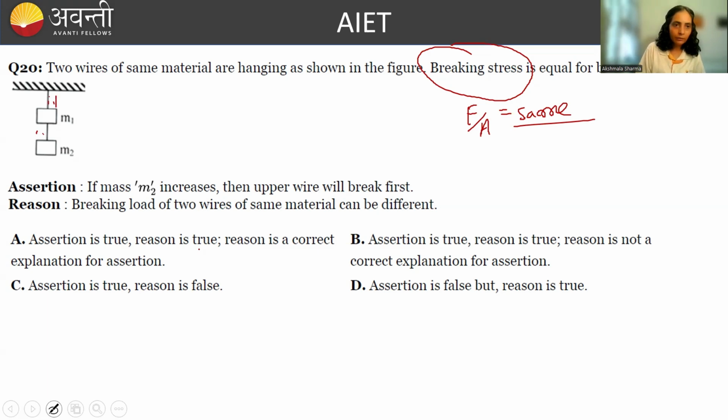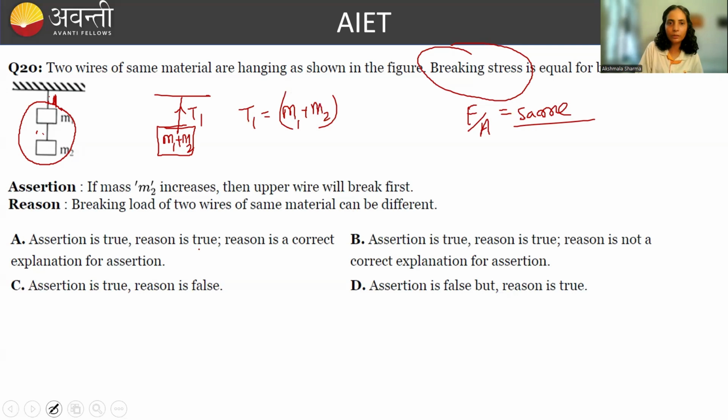From the first wire, two masses are hanging, M1 and M2. So for the first wire, tension T1 will be equal to (M1 plus M2) g.